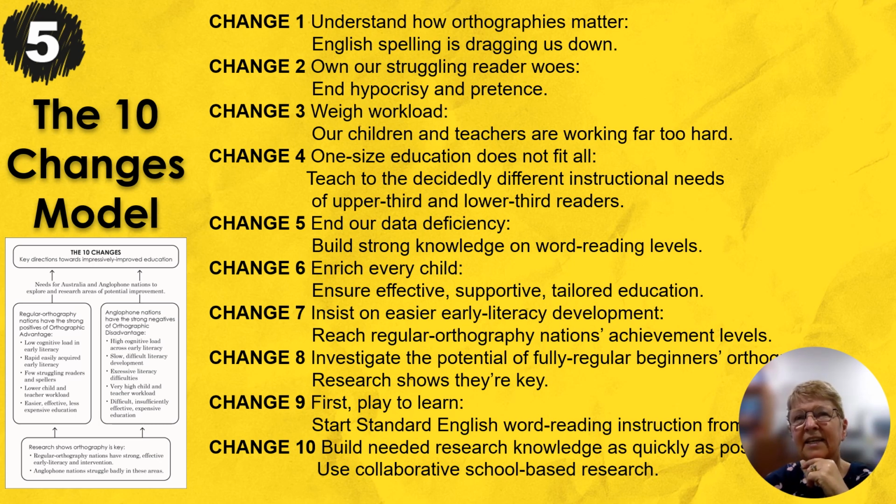Now, I'm not saying exceptional schools in regular orthography nations, but I am saying, well, don't all children have a right to literacy development that's as easy and effective as Taiwan, Japan, China achieve, nations with far more complex orthographies than we have, than those nations achieve routinely in every school across the nation. Okay, let's insist on easier early literacy development.